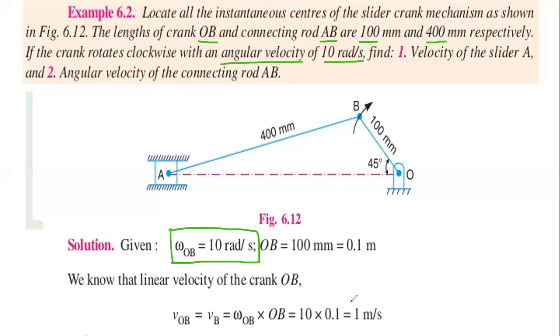First of all, I have taken all the inputs from the given data. Omega of OB is 10 radians per second. The OB length is 100 mm, which we convert to meters, that is 0.1 meters.